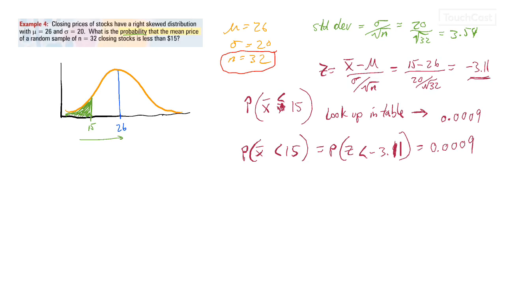So essentially there's less than a 0.1% chance of this stock being less than $15.